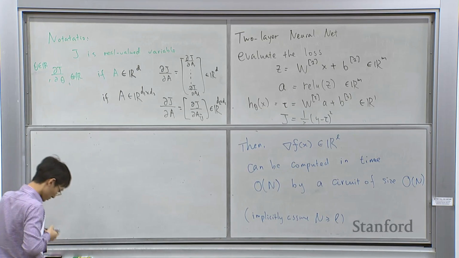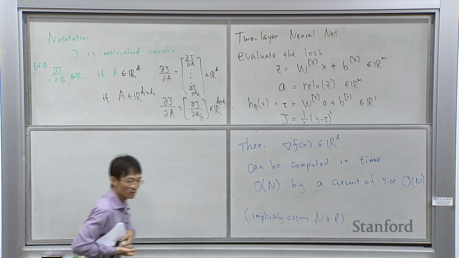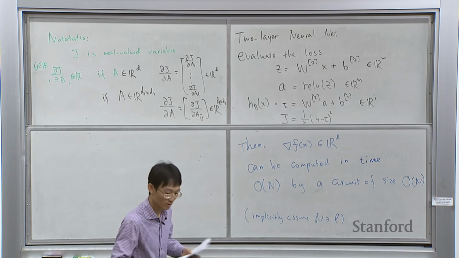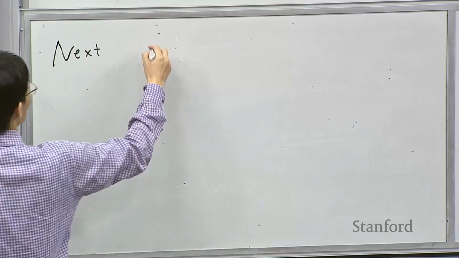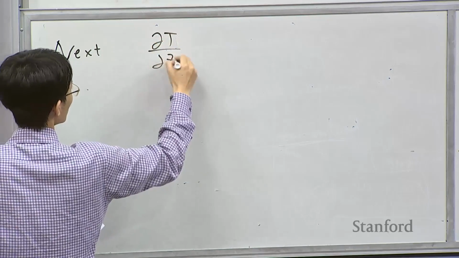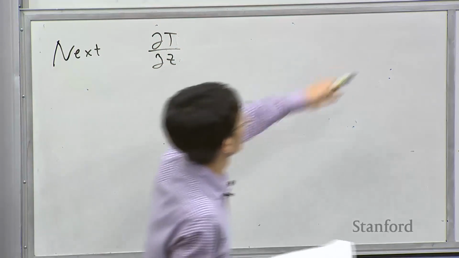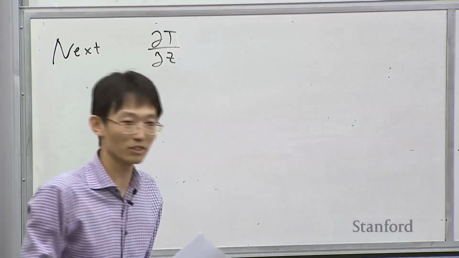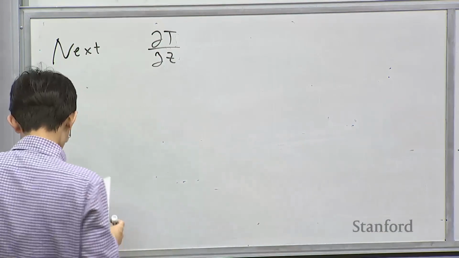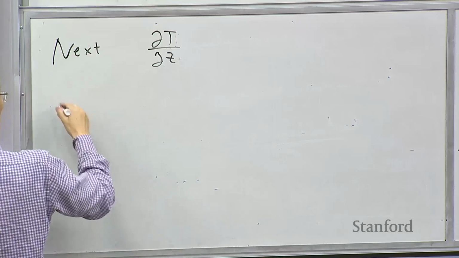So next, I'm going to compute this, right? The z is this z. So how do I do this? I'm going to have another abstraction. So this is an abstract problem.